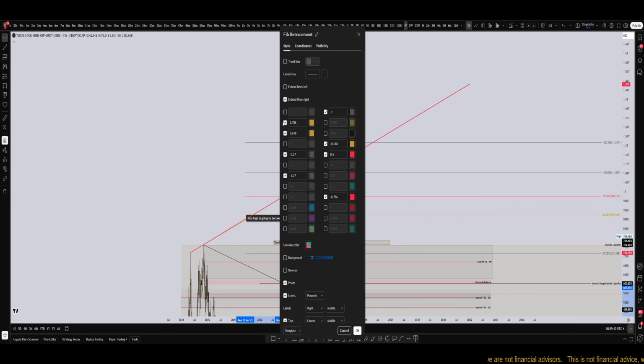Then here, what I'm going to do is actually remove all the levels that I don't really care about to see at this moment. Yes, I don't care. Minus 50 will be up in these regions here.